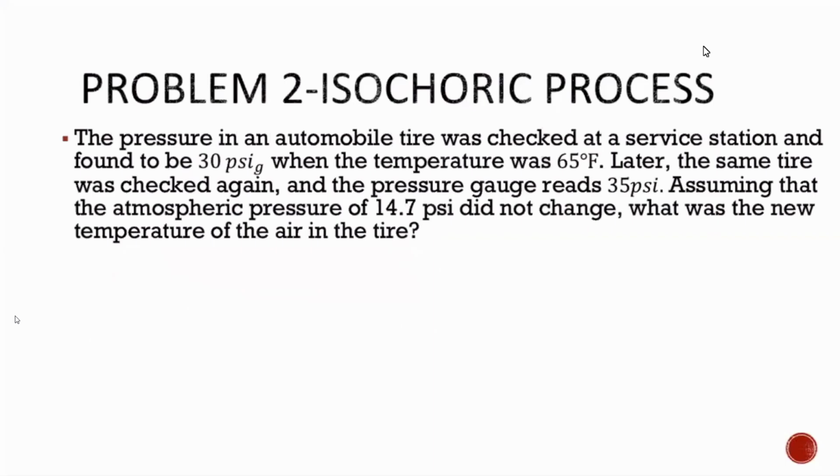Another problem. Masagutan na natin, isa naman ang hinahanap. Okay? The pressure in an automobile tire was checked at a service station and found to be 30 PSI, okay, G or gauge pressure, when the temperature was 65 degree Fahrenheit.